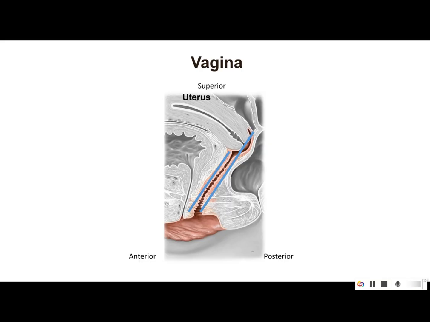Usually, there is no space inside the vagina unless it is stretched open during examination, sexual intercourse, or childbirth. The vagina is located anterior to the rectum and posterior to the urinary bladder and the urethra.